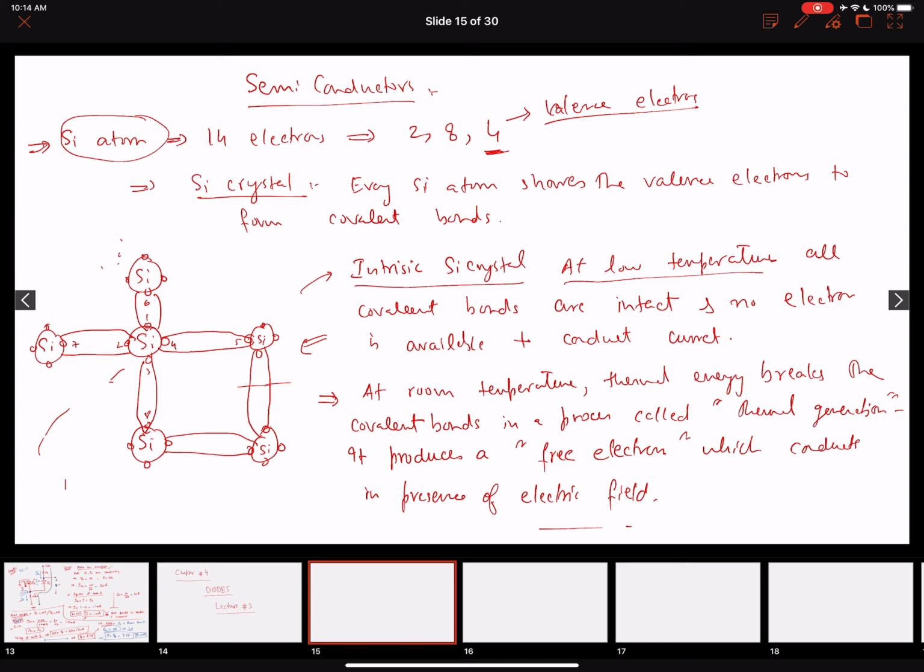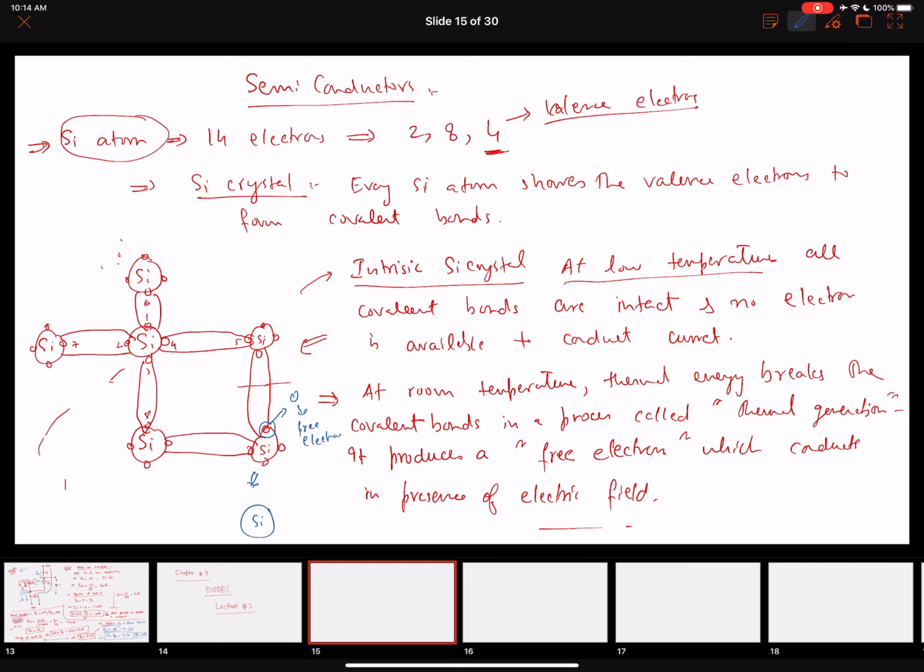So at higher temperatures, more thermal energy is available to break these bonds and electrons can be produced. For example, if this silicon atom gives up this electron as a free electron, what is going to happen to this silicon atom?